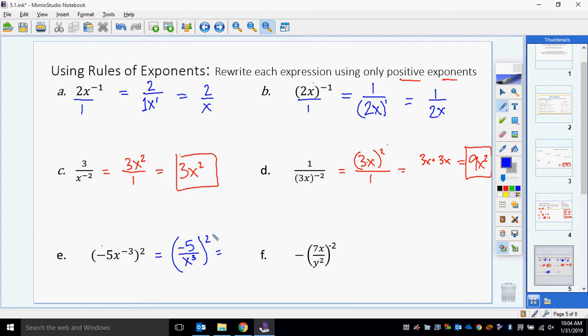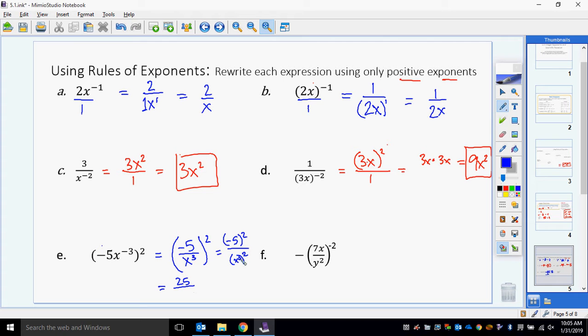Okay, I rewrote it using positive exponents, but let's just go ahead and follow our rule that says if I have a division and I'm squaring this division, I need to make sure my negative 5 gets squared, and I need to make sure my x to the third power gets squared. So negative 5 squared means negative 5 times negative 5, which would be 25.